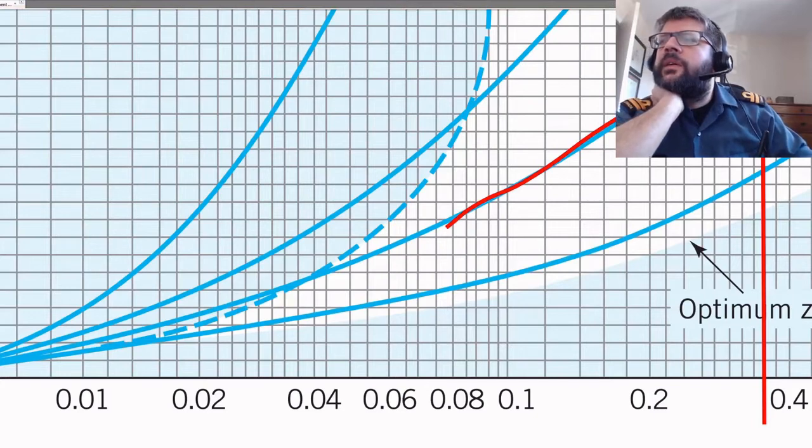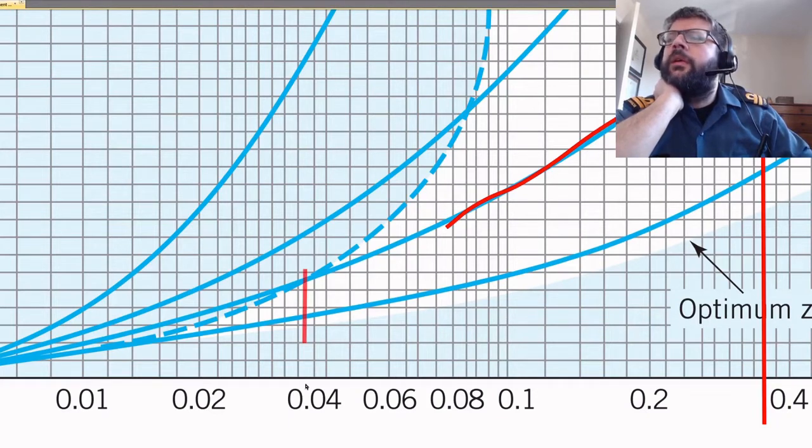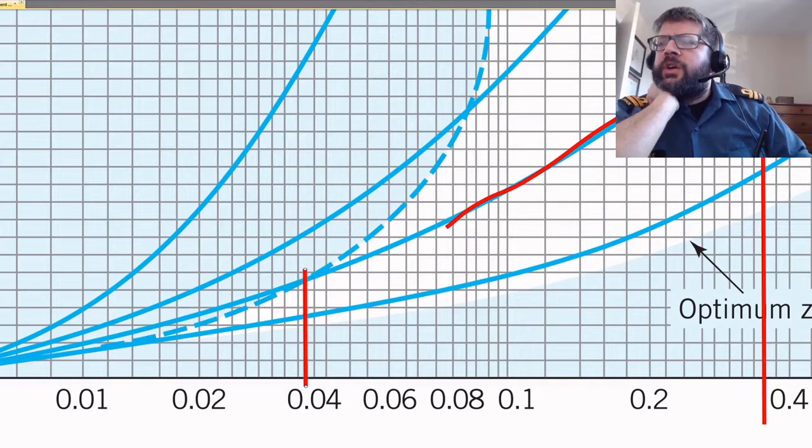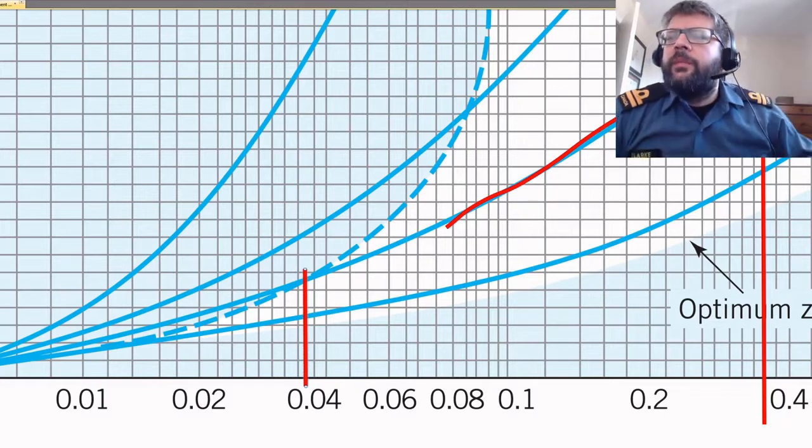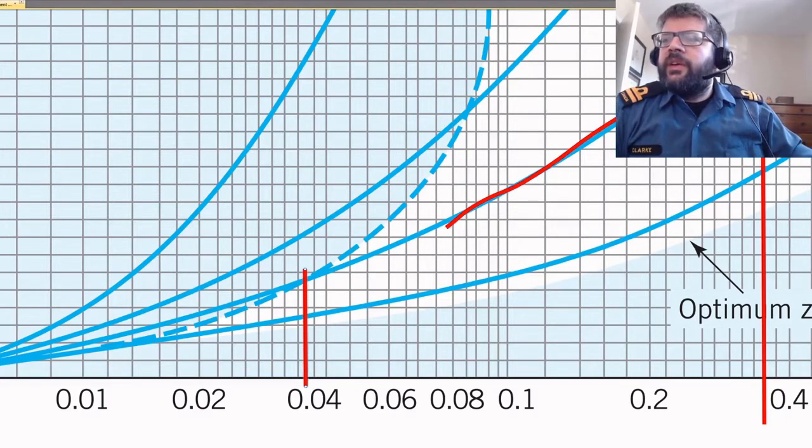And then on the bottom end, looking closely where this line intersects, it looks to me to be about there. Let me think here. Based upon the scale, I think we're looking at about the 0.036 range, 0.037 range.